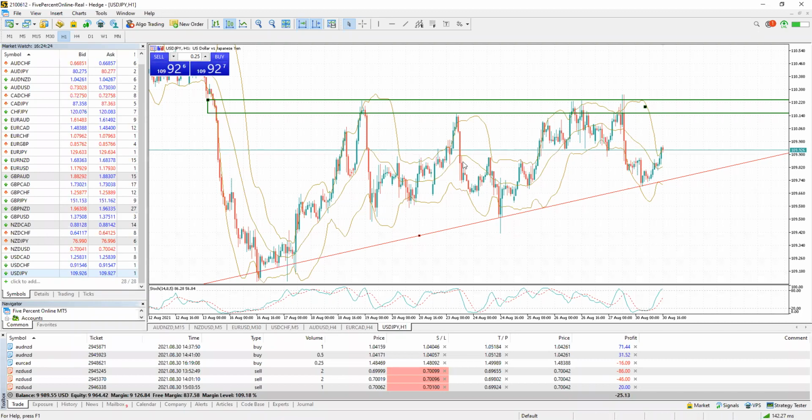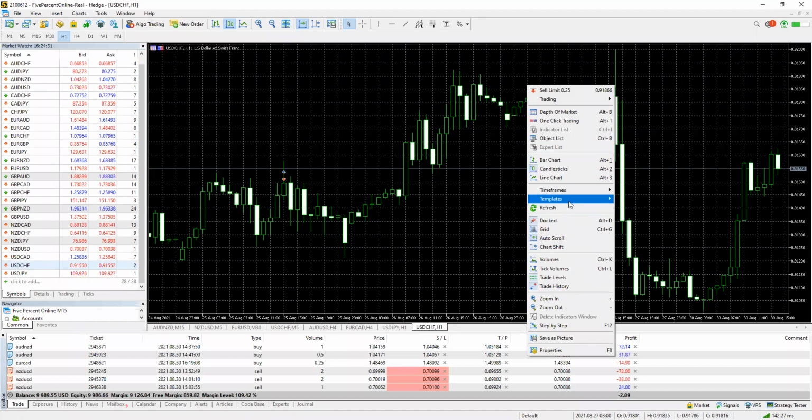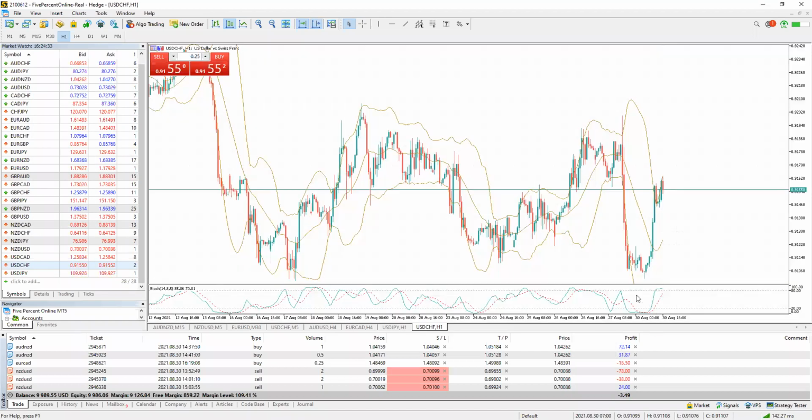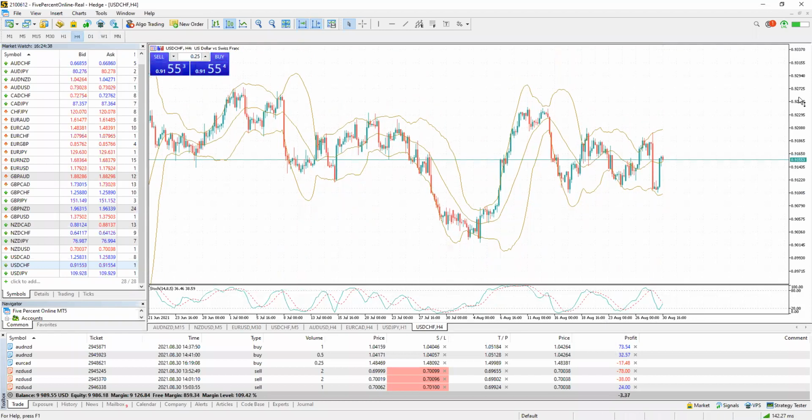Okay, USDCHF. Here also the market on the H4 doesn't make too much of a move. We had this support that just reacted to it. We also have this resistance that makes more reaction.